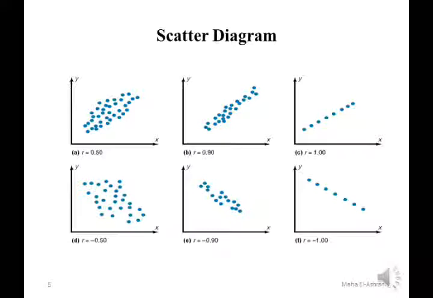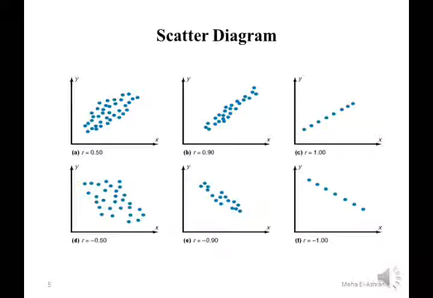But generally speaking, we can say that whenever the points are very dispersed on the sketch, this means that the relation is not that strong. It tends to be a bit weak. But if the points are closer to each other, we say this is an indication of a stronger relationship.